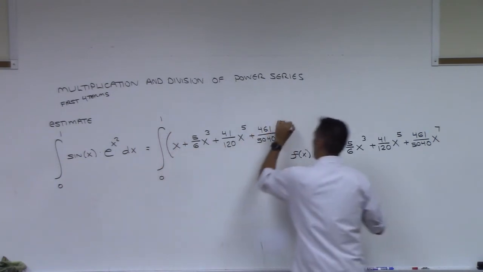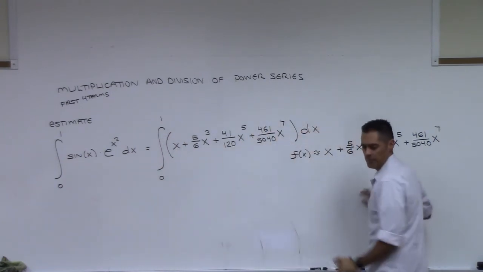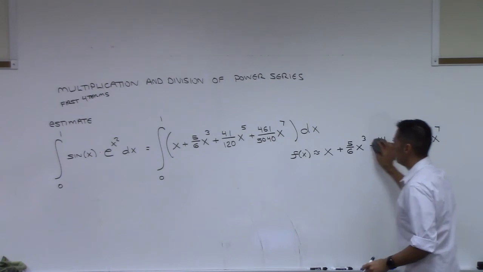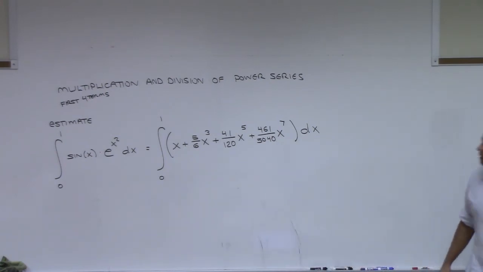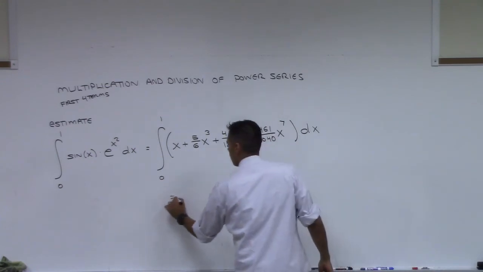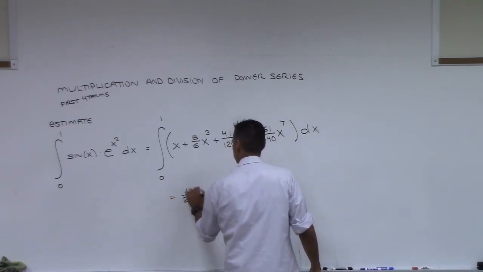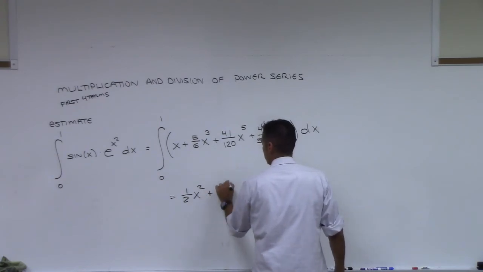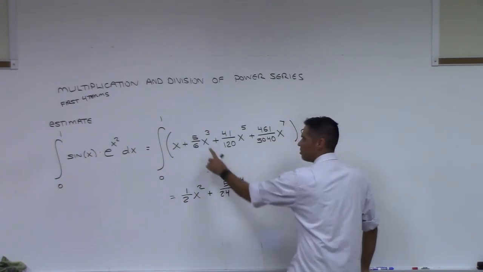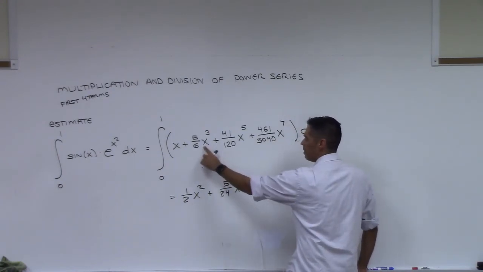Okay, we want to take that and we want to integrate that. And that should be easy to integrate, relatively easy? Okay, so that should be 1/2 x squared, right? This one plus 5 over 24 x to the fourth. So I'm just using power rule on these, right?